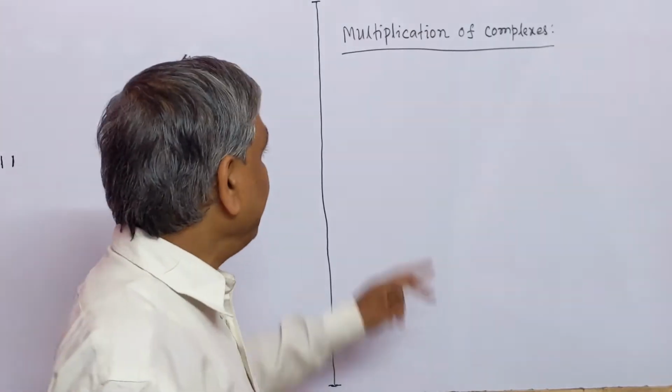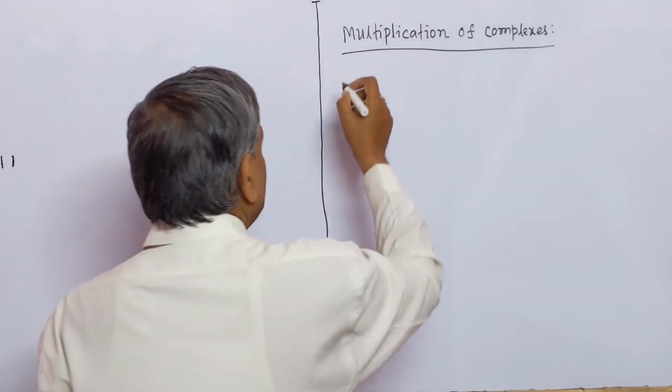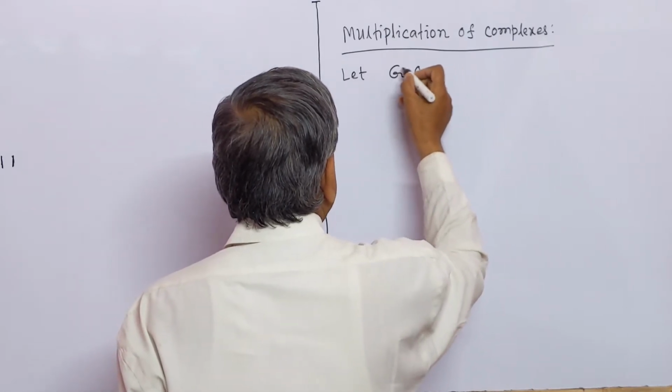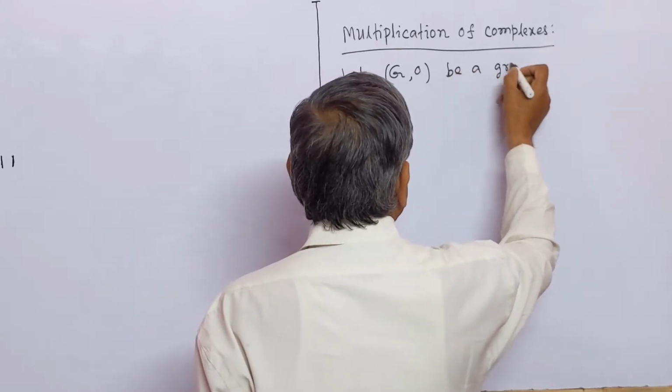Now we define multiplication of complexes. Let G with given binary operation be a group.